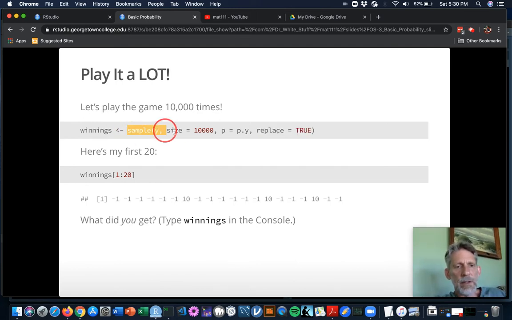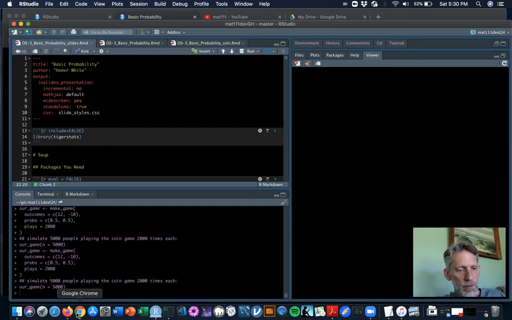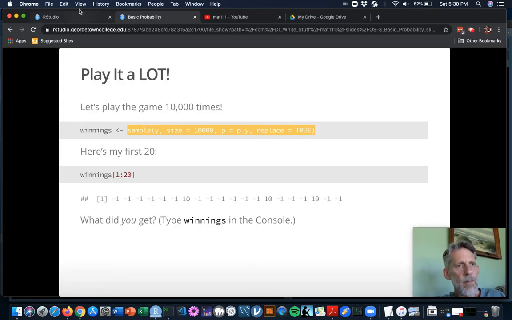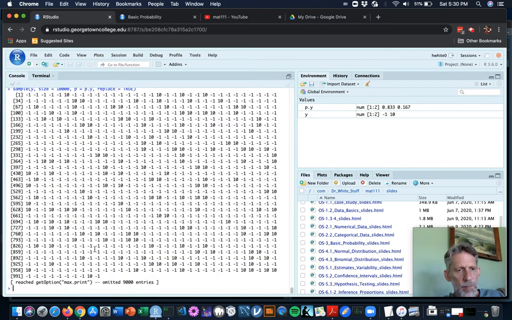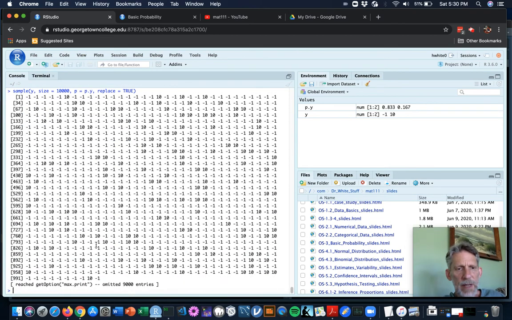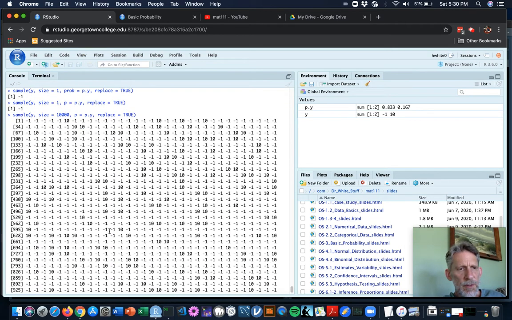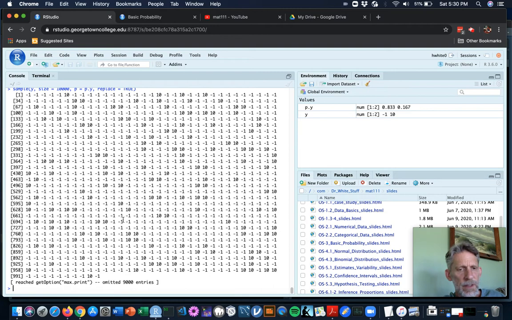So I could just copy and run that command. But it would just try to print out all 10,000 numbers, and it would run out of patience.